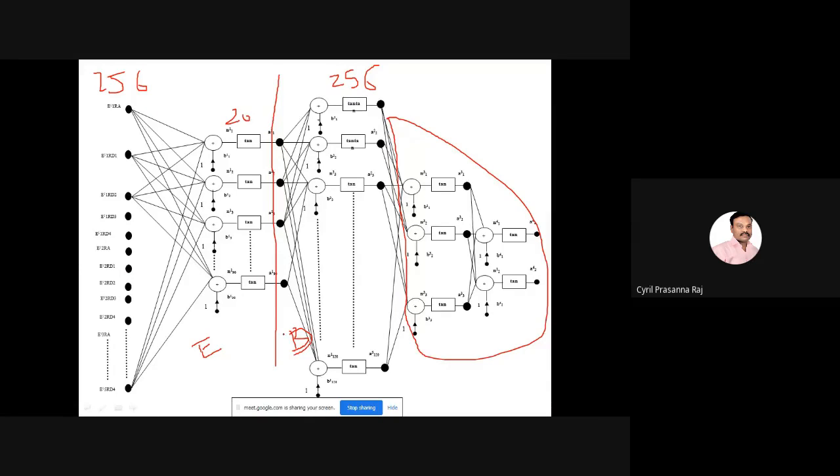Using these 20 features, you're able to reconstruct 256 features. This is the logic available at the decoder, and this is the logic available at the encoder. The output at the intermediate stage represents the features of the image, using which we can reconstruct all 256 pixels.